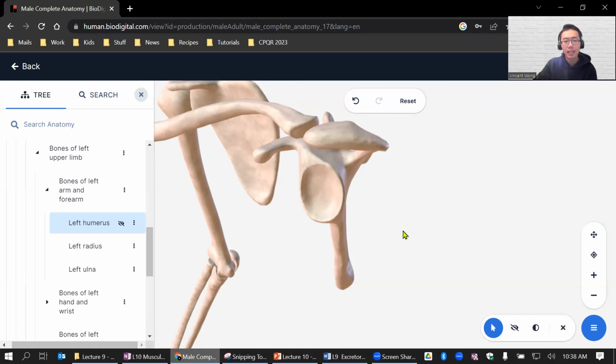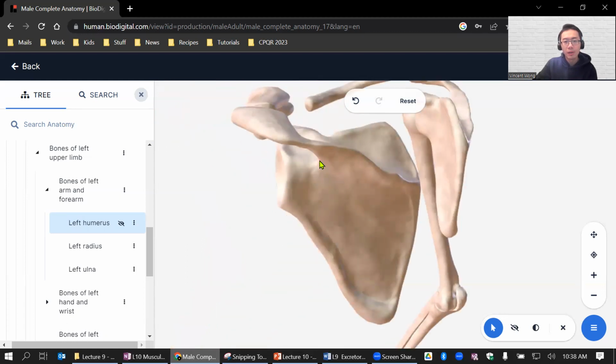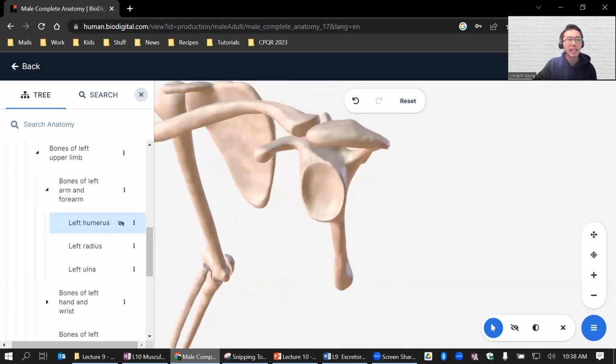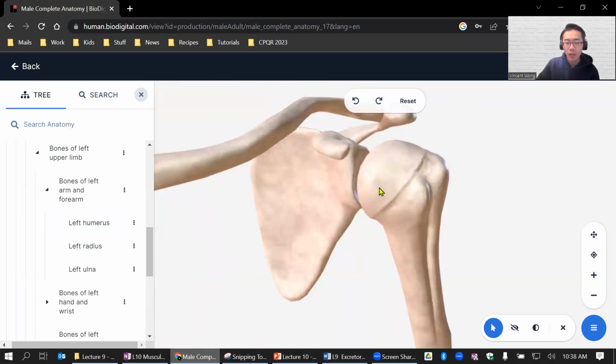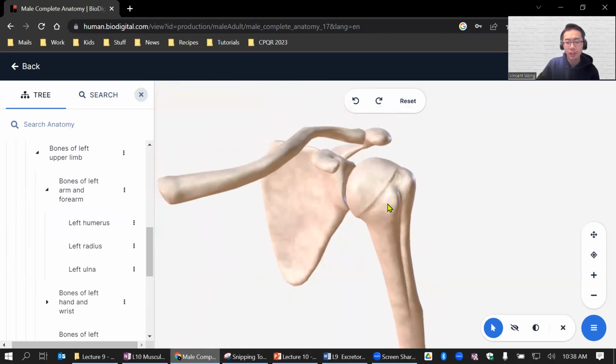So this socket is part of the scapula, and we call that the glenoid cavity. Glenoid. So the glenoid cavity will form a ball and socket joint with the head of the humerus.